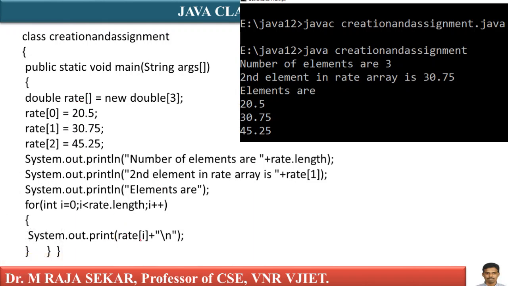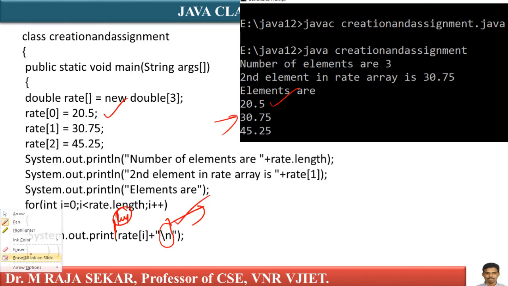After printing rate of I, rate of I means rate of 0. What is my rate of 0? 20.5. Even though I am not keeping ln, the cursor will move to the next line. What is the reason? I am appending \n. In C programming language, \n means the cursor will move to the next line. Even in Java, \n means the cursor will move to the next line.